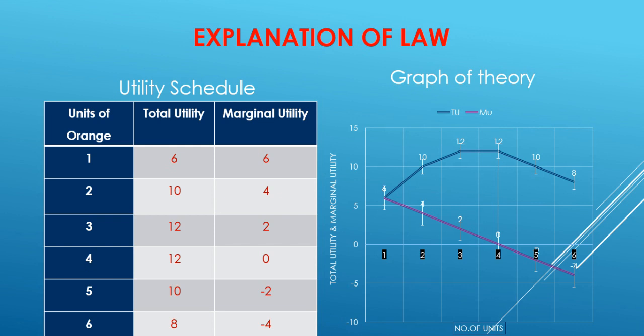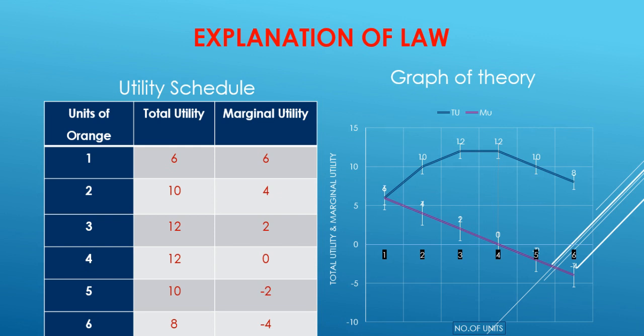If person X consumes the second unit of orange, he will derive 4 units of utility from the second unit. If you add the utility derived from the first unit, 6, plus the second unit, 4, total utility will become 10.